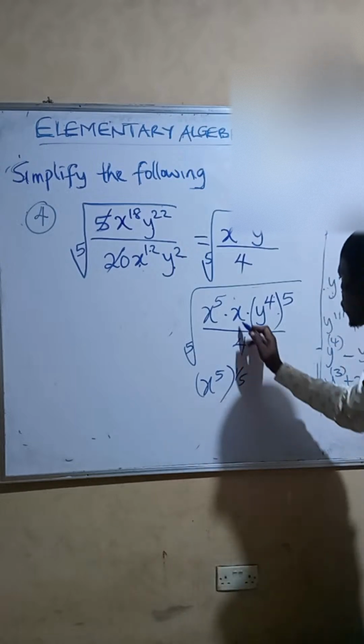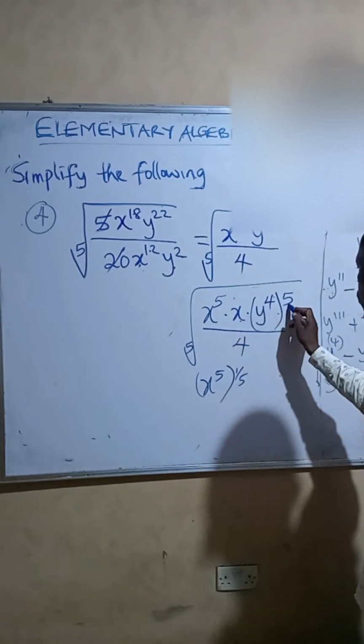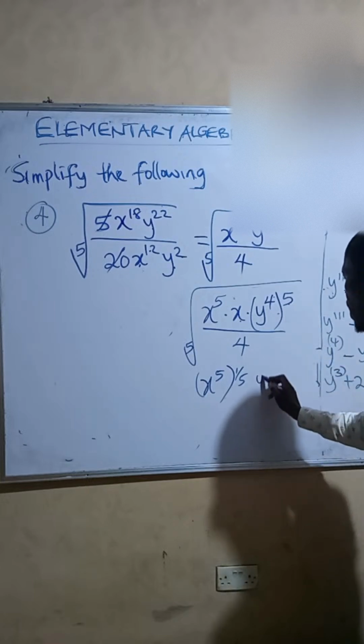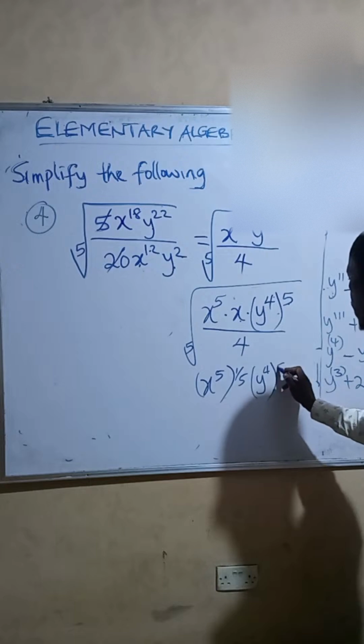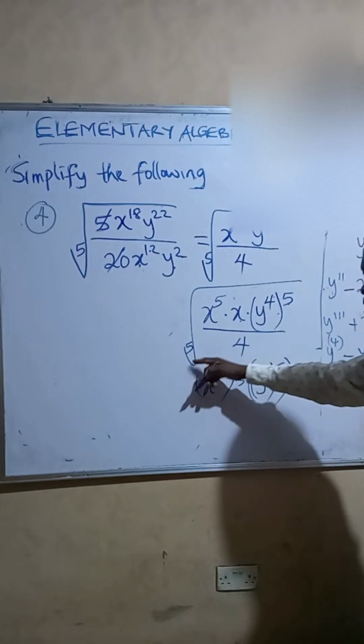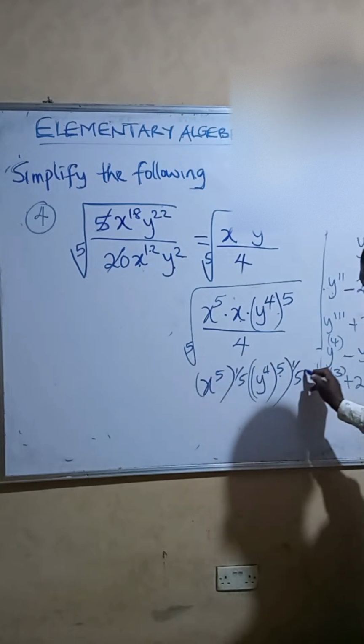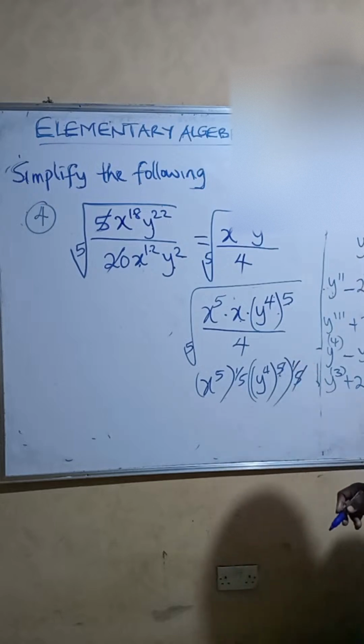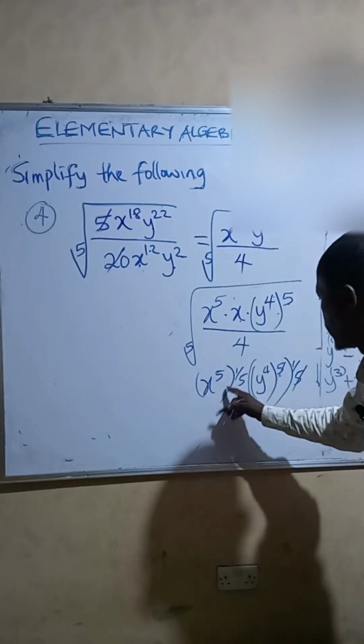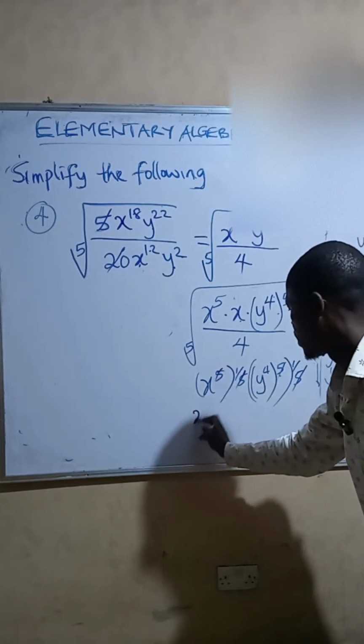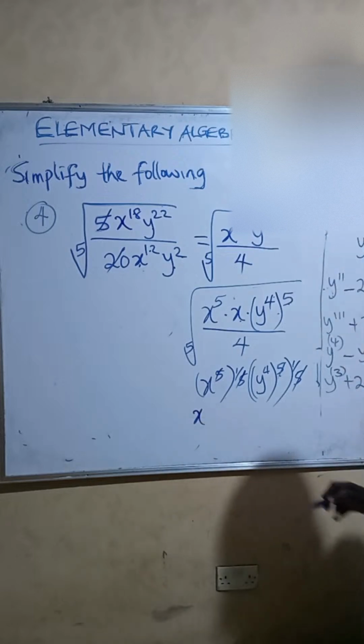Then this one, there's no answer for that. This one will go. Also y^4 to the 5, and again for the root, 1 over 5. So this one and this one cancel. Then this is gone. I'm having this and then y^4.